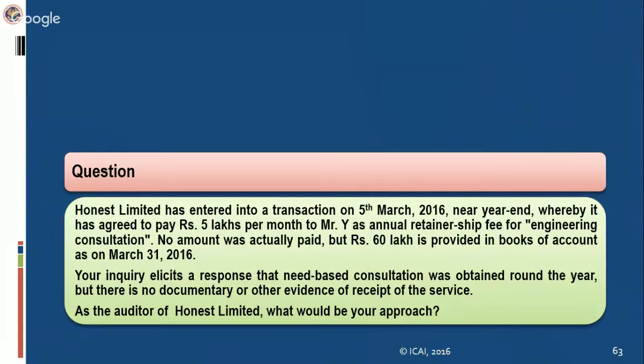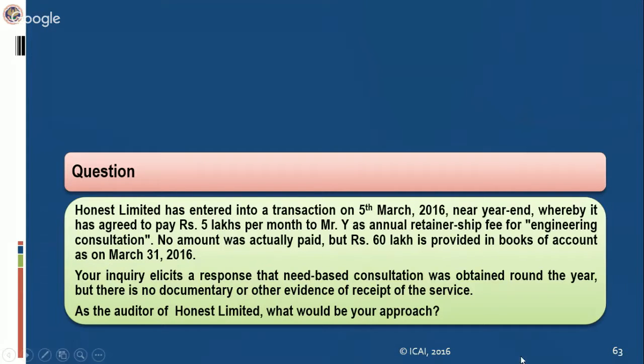Here, no amount was actually paid, but rupees 60 lakh, that is 12 into 5 lakhs, is provided in the books of account as on 31st March 2016. Your inquiry elicits a response that need-based consultation was obtained round the year, but there was no documentary or other evidence of receipt of such service. As an auditor of Honest Limited, what would be your approach?